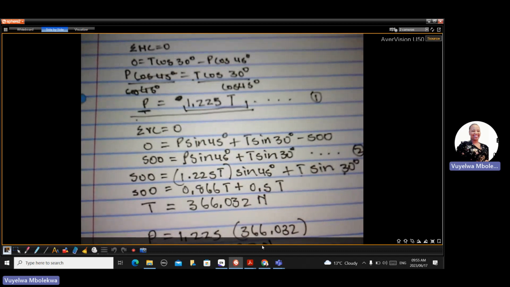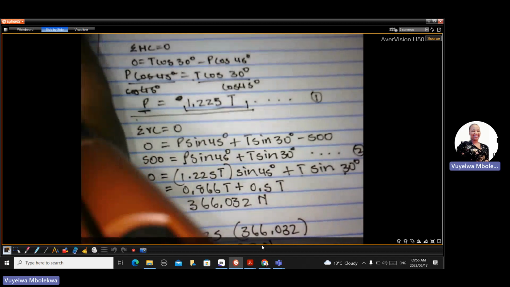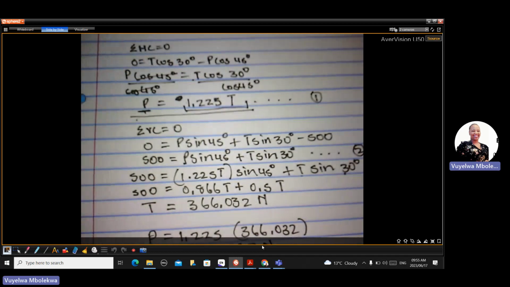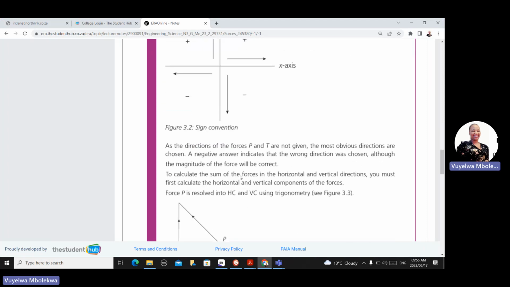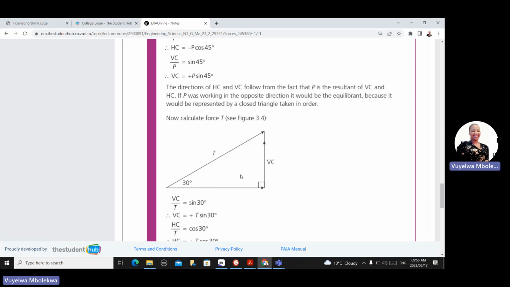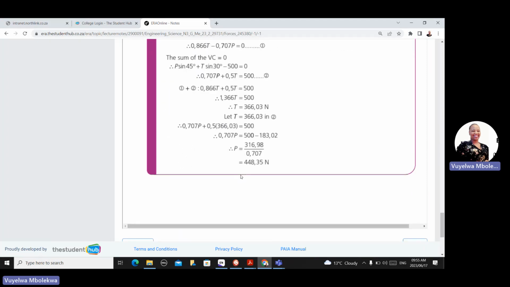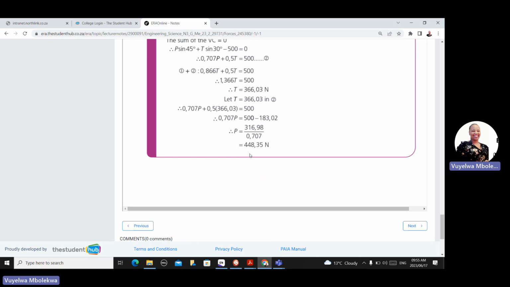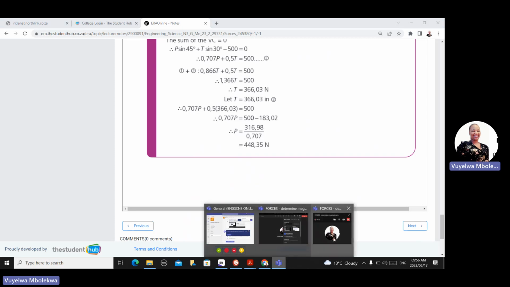So that is how you would find your force T as well as your force P. This was an example in the book. So their P is 448 and their T is 366. Okay, so that's all.